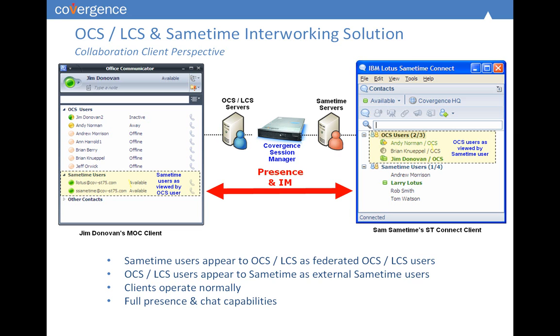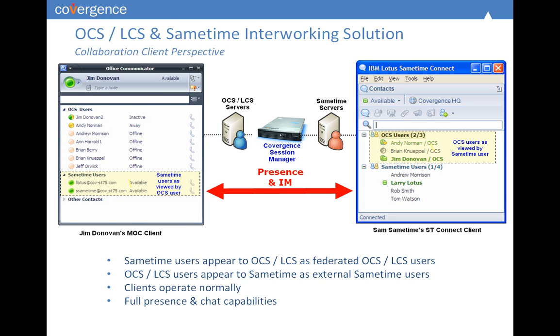You'll get a feel for how each client looks to the other, as well as the instantaneous exchange of presence information as well as chat information. As you'll see from this demonstration, regardless of the federated client, whether it's OCS or Sametime, the clients act normal, just like they would if it was a purely internal user.